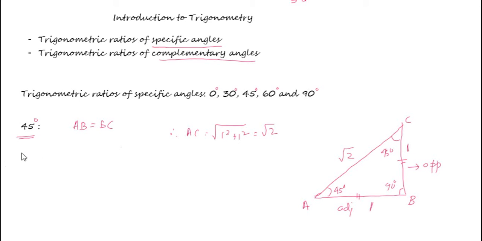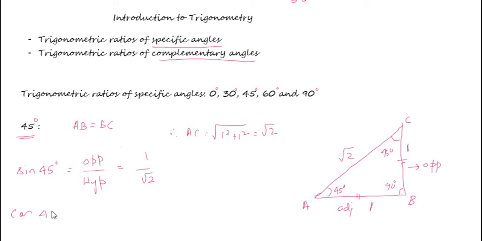Now let us find out all the 6 ratios for 45 degree. We will consider angle A, which is 45 degree. So sine 45 equal to, sine is opposite side by hypotenuse. So opposite side is 1, hypotenuse is root 2, so 1 by root 2. This is sine 45.